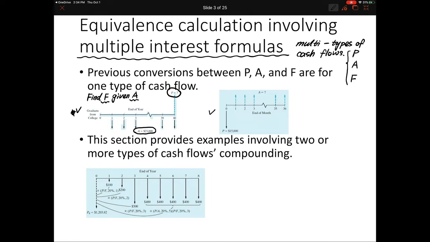And another example on the right side, sometimes you are given the present value, and then you're looking for the annuity equivalent to that present value, right? So again, you find A given P, and in this case, you are still dealing with single type cash flows.